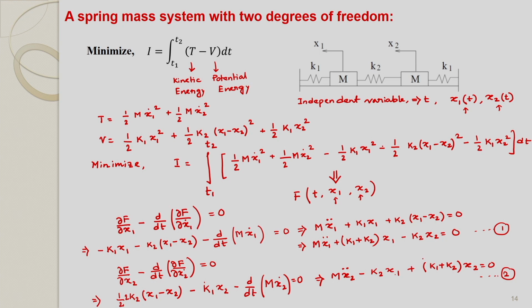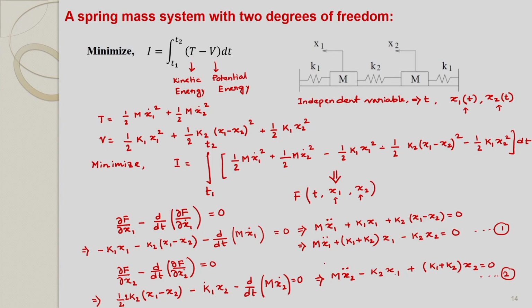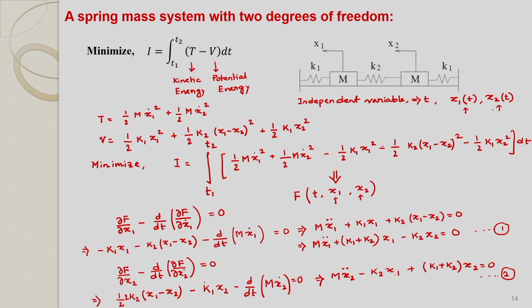So, we have two dependent variable and we have two coupled differential equation. So, these are the governing differential equation for our dependent variable x1 and x2.